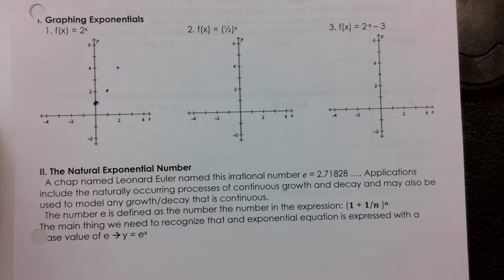Then we're going to start plugging in negative numbers, so what's going to happen? It's going to get small. It's going to get super, super small. Is it ever going to go past 0? No, because what do negative exponents do? They flip it, right? So you're going to have 1 over 2, then 1 over 4, then 1 over 8, then 1 over 16, right?